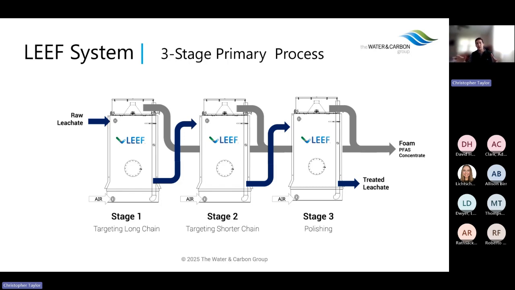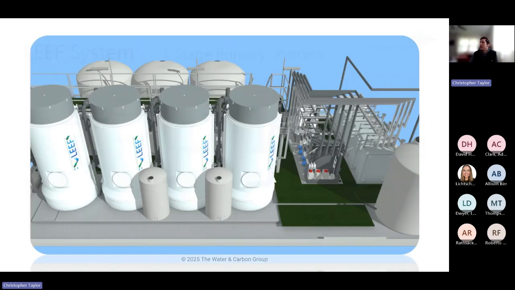So the 3 stages that I'm showing here are the primary aspect of foam fractionation, but there is a final stage. This is just a 3D rendering, but if you look at the fractionator in the middle right side of the screen, that's stage 1, followed by 2 next to it, followed by 3, and then the 4th one that's a little bit cut off on the screen is the foam concentration step. That 2 to 4% of the total flow goes to the lighter gray tanks just across the walkway there, and then it breaks down from foam into liquid.